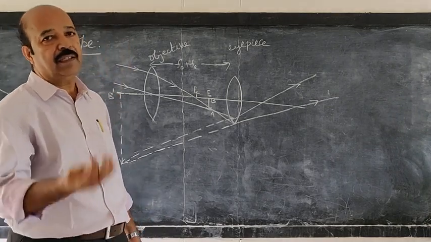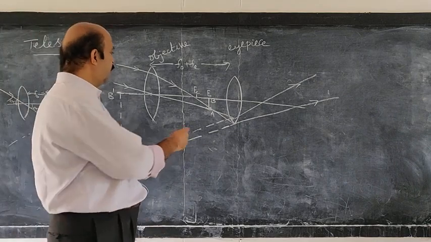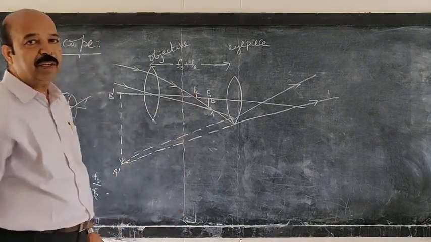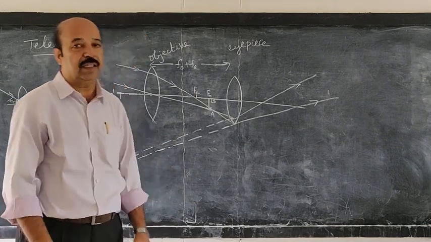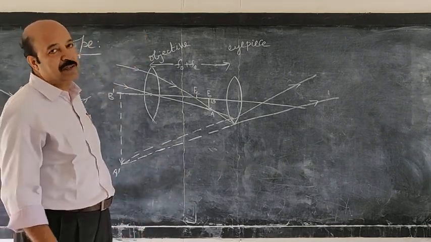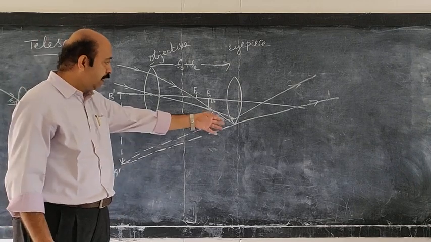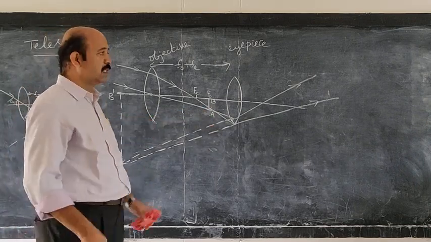To make the final image erect, a third lens is introduced in between the two lenses. By inserting a third lens, the magnification is not altered. The only thing is the length of the telescope increases.